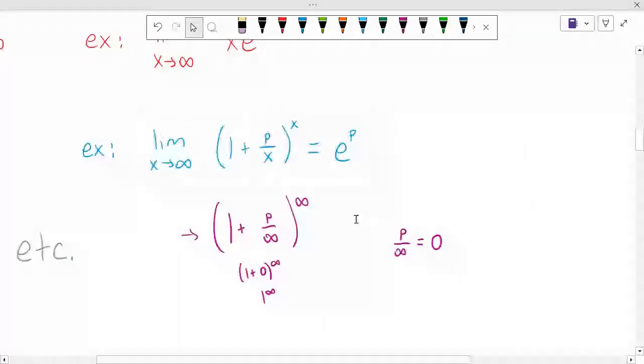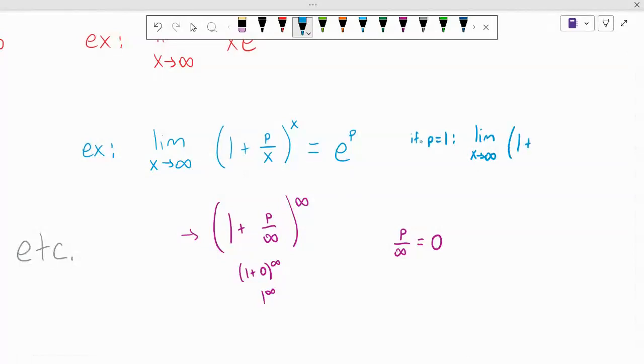In particular, when p is equal to 1, you do get this famous equation that the limit as x approaches infinity of 1 plus 1 over x raised to the power of x will be equal to the number e.